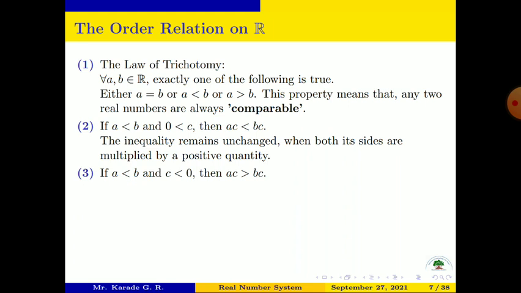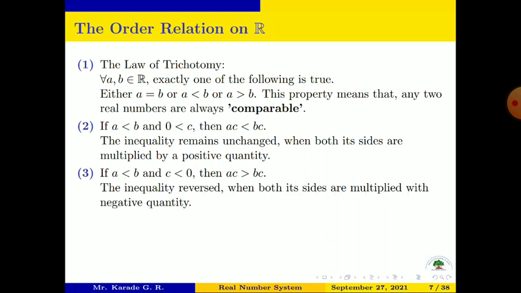Suppose 3 is less than 4, and I take minus 2, a number c less than 0. Multiplying by minus 2 gives minus 6 on the left and minus 8 on the right, so minus 6 is greater than minus 8, and it is true. The inequality is reversed.